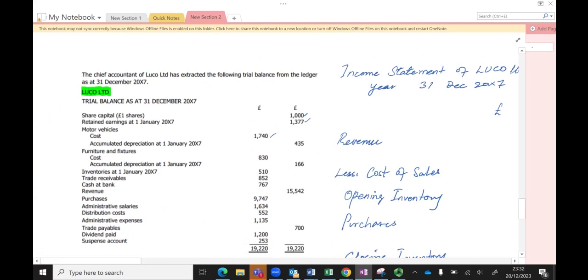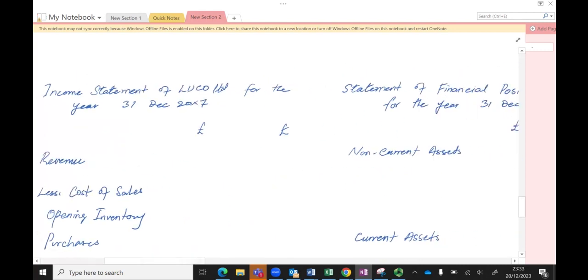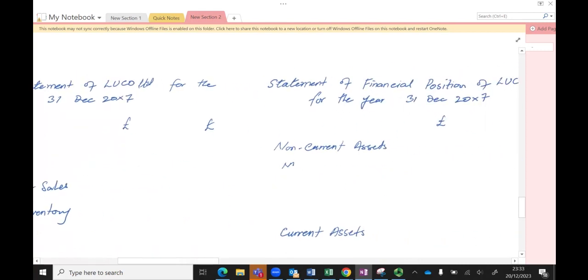Motor vehicle 1740, and the accumulated depreciation is 435. Less accumulated depreciation, and that is 435.